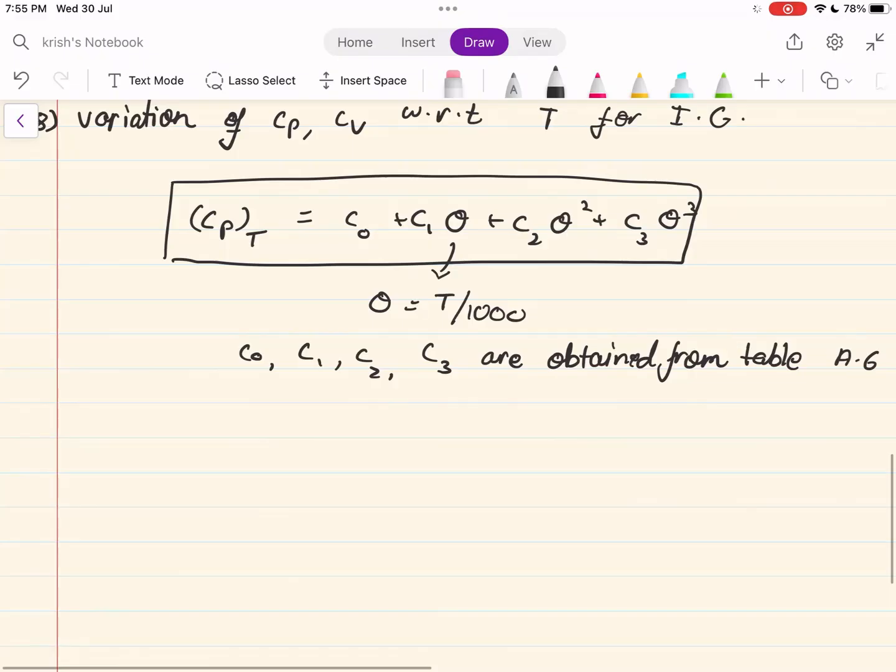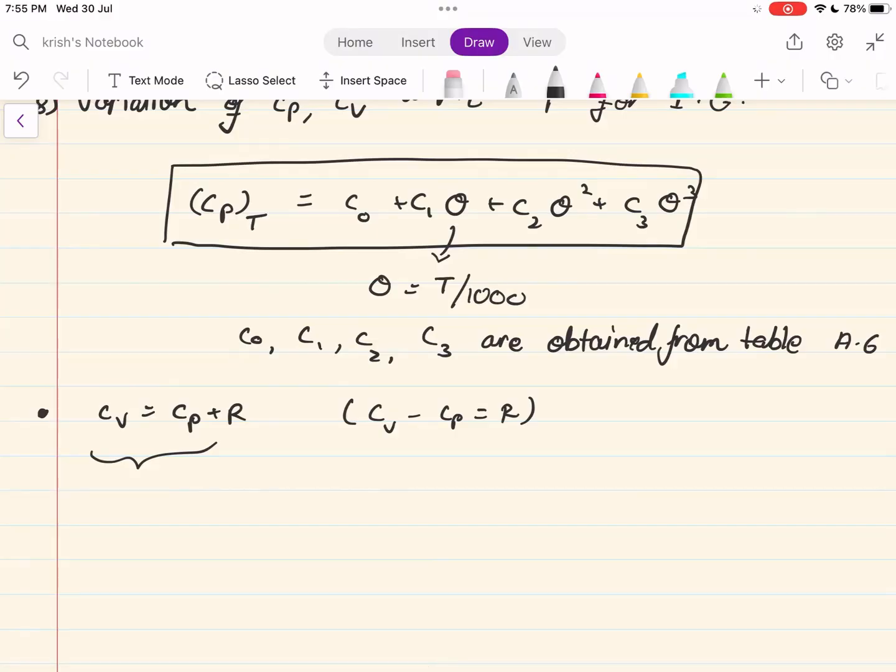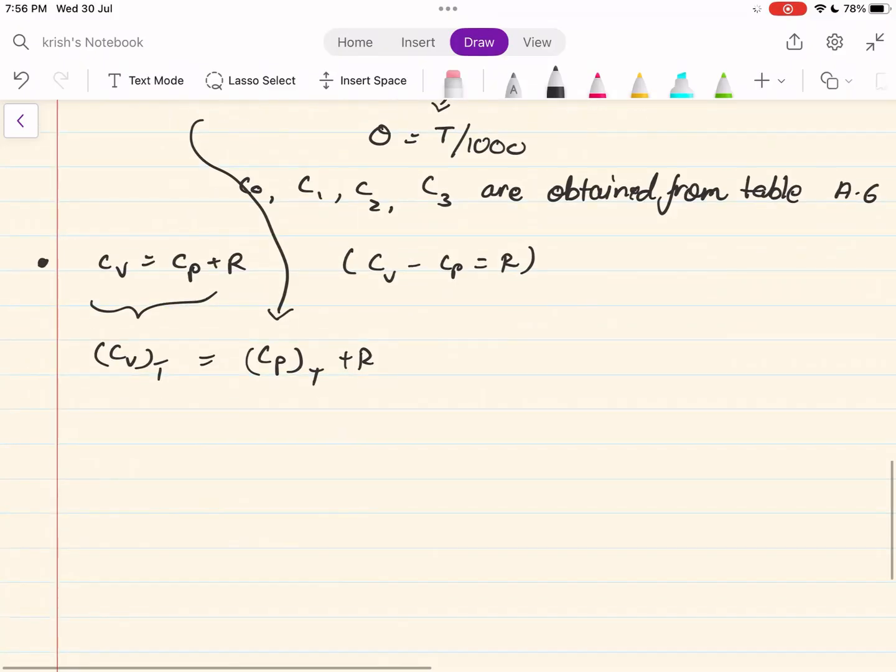Also, we know that Cp minus Cv equals R, or Cv equals Cp minus R. So we get Cv at constant temperature equals this value minus R, right? And obviously you get the value from the table.